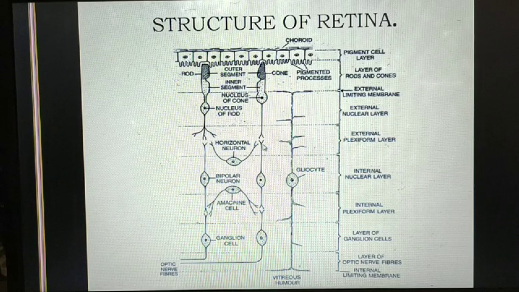The axons of the rods and cones synapse here with the dendrites of bipolar neurons and also processes of the horizontal neuron. Here we can see the synapses.